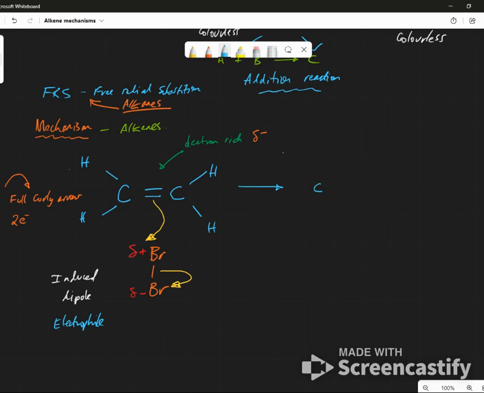We're going to get CH, and then a new bond. This is the new bond. Let me show it in yellow. This is the old bond. Now the electrons have left that. The pi has opened up. The pi molecular orbital has opened up, and it forms a new bond with my bromine.